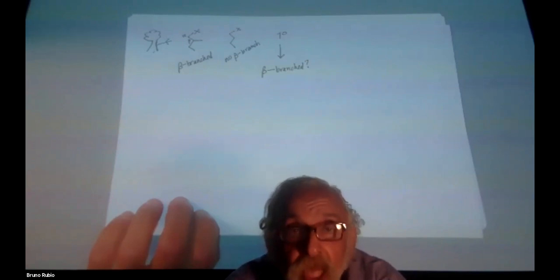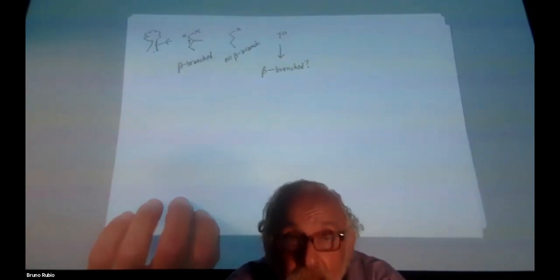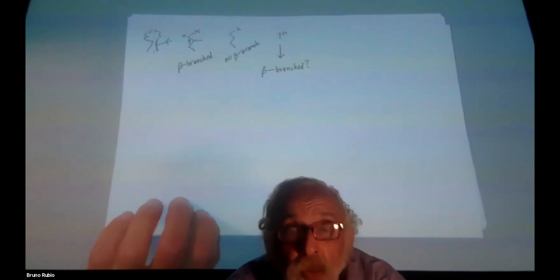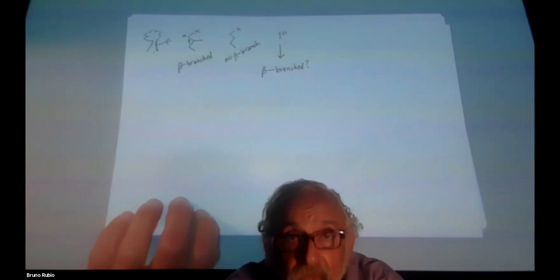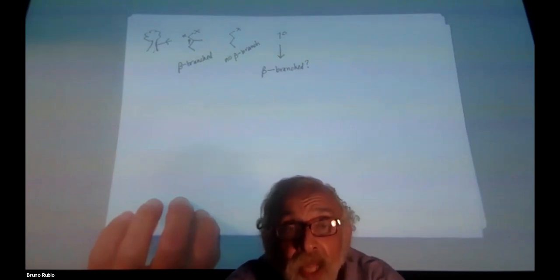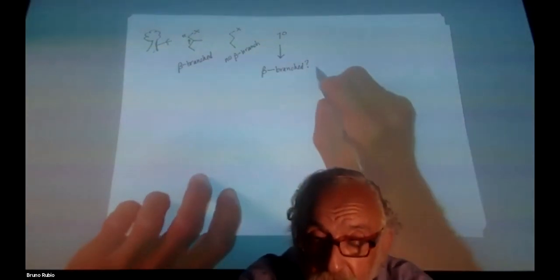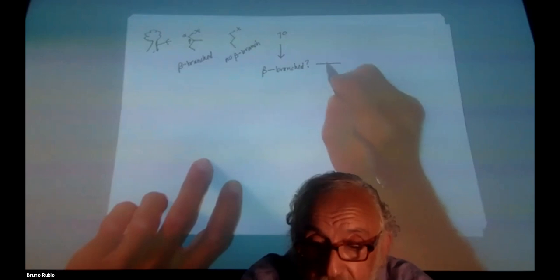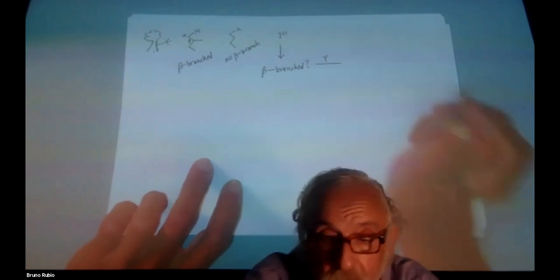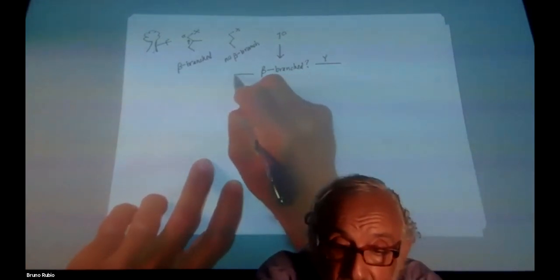If I'm junking up the neighborhood of the alpha carbon with fishtails and chicken feet and all this other stuff, that's going to make it hard for the nucleophile to get in there to push out the leaving group. So is it beta branched? Let's say yes. Let's say no.